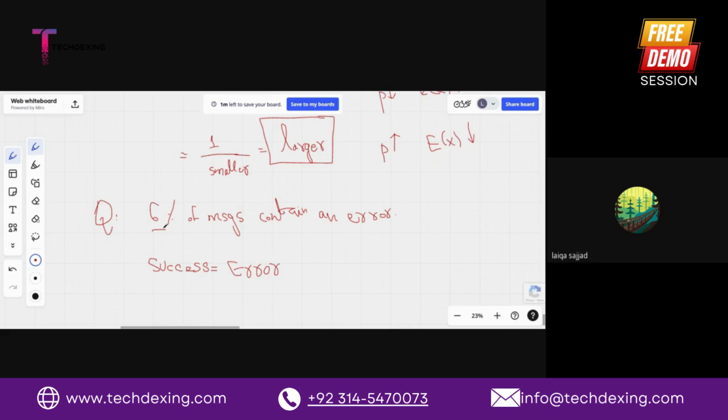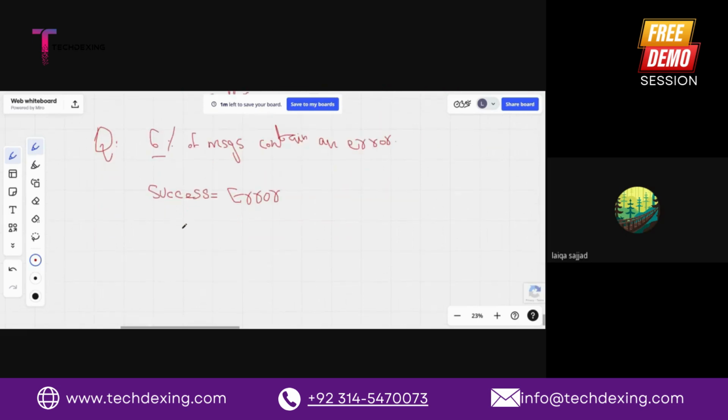So if I convert this percentage into the probability, how do we do that? If we are given the probability and we want to convert it to percentage, we multiply by 100. If we want to convert from percentage back to probability, we divide by 100.